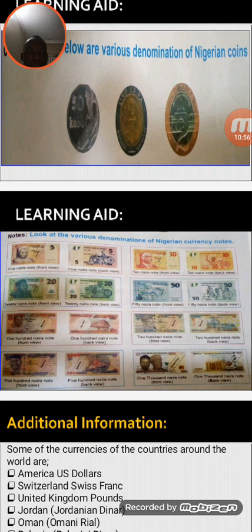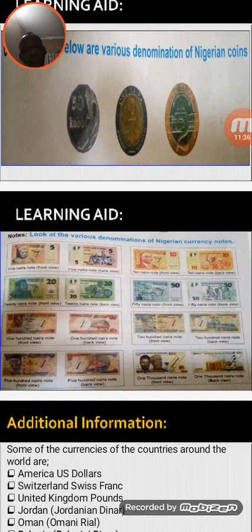Then to the right again, 50 naira. Down towards left now, 100 naira. Towards right now, you have 200 naira. Then we have 500 naira, then the last one, 1000 naira. This shows the front and the back of each of the denominations.